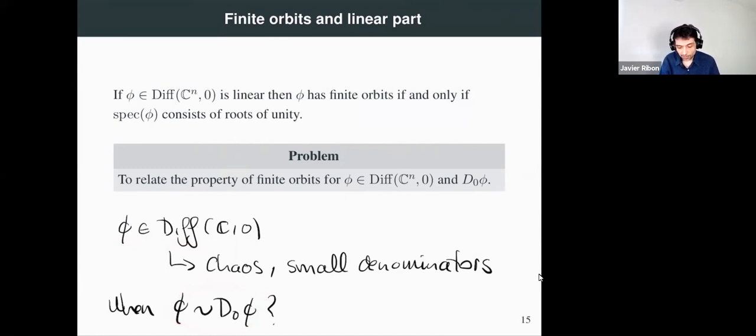For instance, if the linear part is hyperbolic, this is always true in the analytic setting. But even if the linear part is not hyperbolic, you have many cases in which certain linear parts imply analytic conjugacy of the diffeomorphism and its linear part.